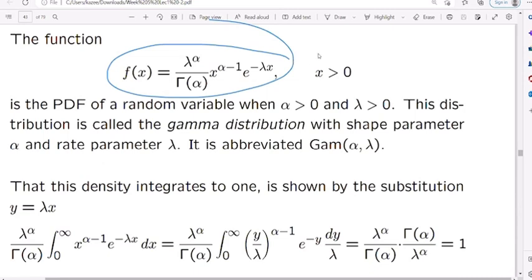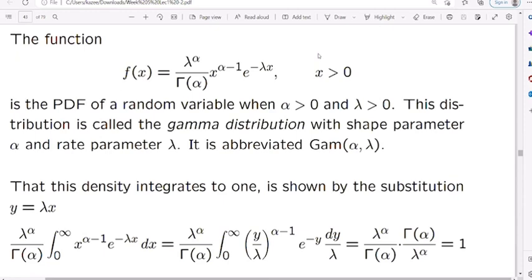Now we want to see whether the density actually integrates to 1, because for a valid PDF, we expect the area under the curve to be equal to 1.